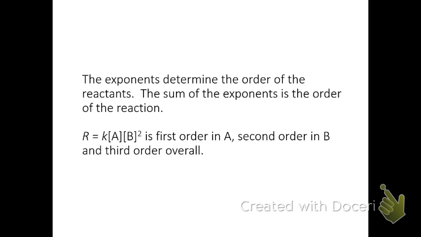So the exponents determine the order of the reactants. The sum of the exponents is the order of the reaction. So if I look at this example, I would say that this reaction is first order with respect to A, second order with respect to B, and third order overall. Those orders of each reactant are going to be determined experimentally.